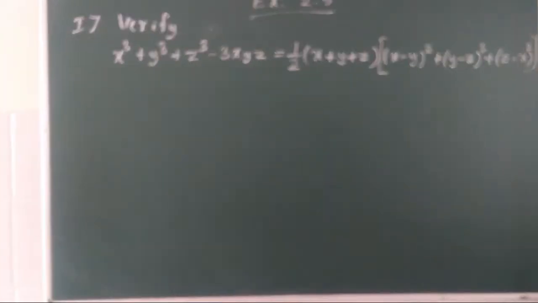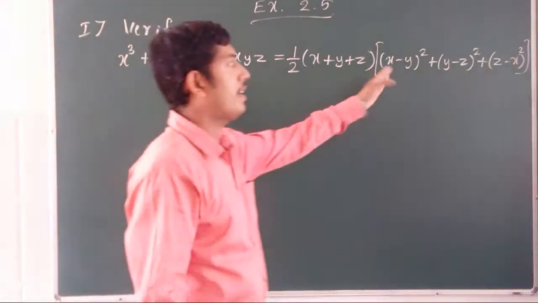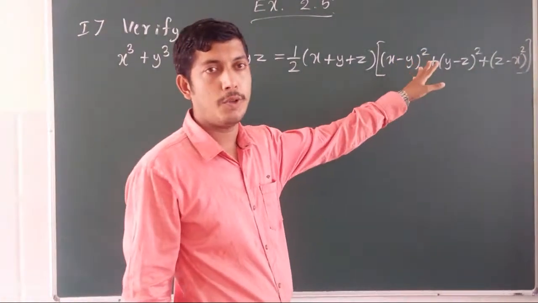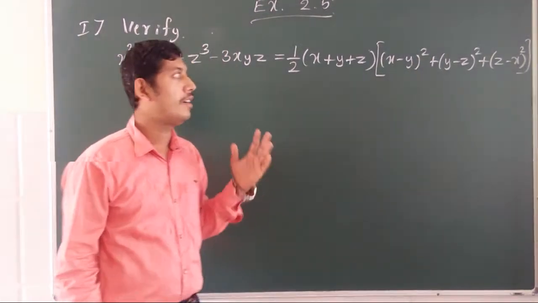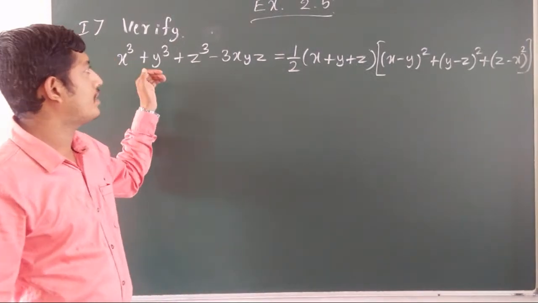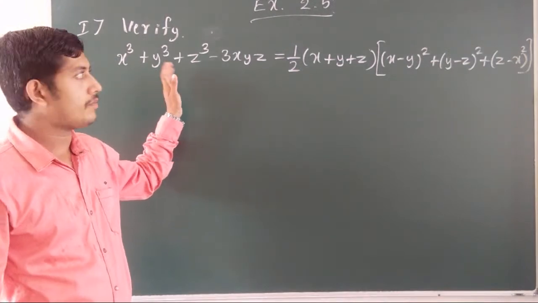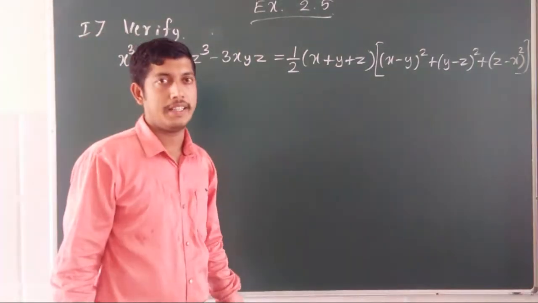Now we have to consider either the left hand side or the right hand side, and based on that we have to verify these two expressions. And we know that (x minus y) square is the same as (a minus b) whole square, which gives a square minus 2ab plus b square. If we consider the left hand side, we can't simplify directly, so better we choose the right hand side.